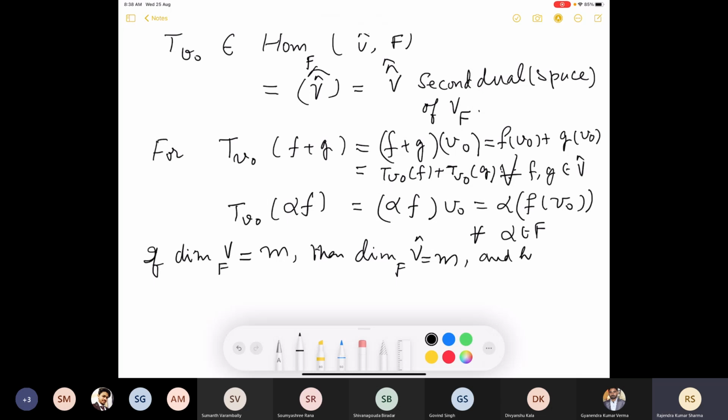And hence, the dimension of V hat hat, which is the second dual, is same as the dimension of V hat over F, is same as the dimension of V over F, that is m. So as many times you take the duals, the dimension is going to remain same.